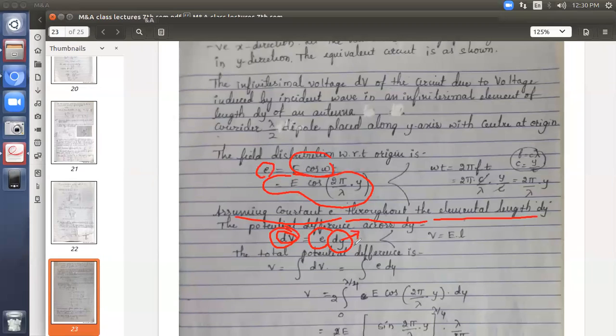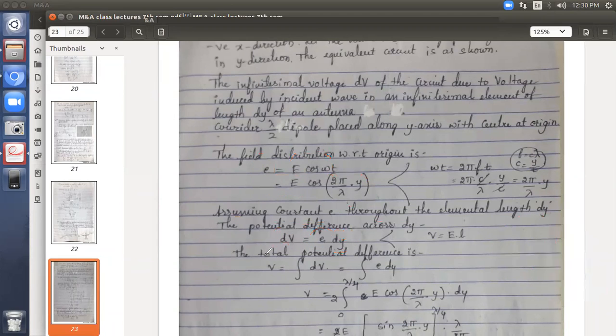If you consider dy as a small length, according to your equation V equals field into L. The field we just calculated is now small e, in terms of cos, and the small length we considered is dy. In the earlier case we directly substituted E; now instead of E we have to take small e. So dV is equal to e into dy.